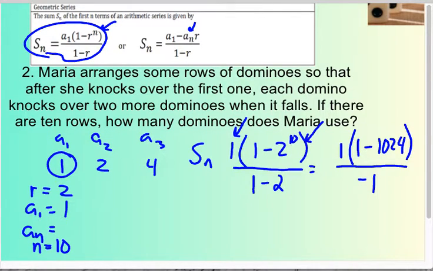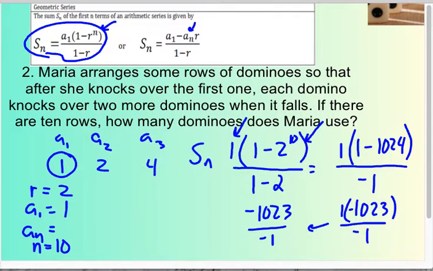So 1 minus 1,024 is actually negative 1,023 over -1. So it's negative 1,023 divided by -1, or 1,023 dominoes.